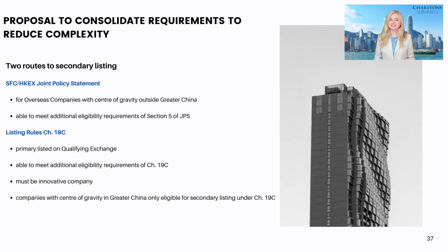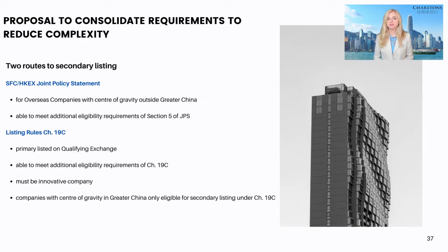Chapter 19C of the Listing Rules provides for the secondary listing of innovative companies that are listed on one or more of the three qualifying exchanges and can meet the suitability and additional eligibility requirements set out in Chapter 19C and related guidance materials.